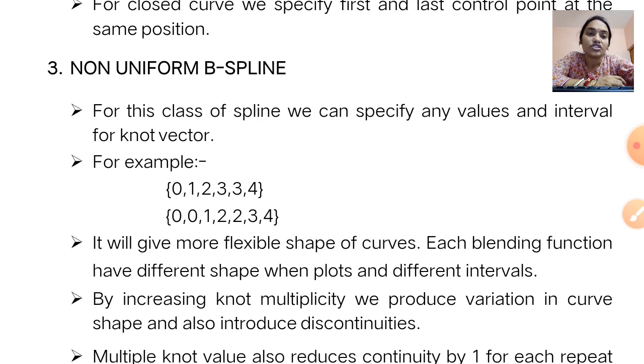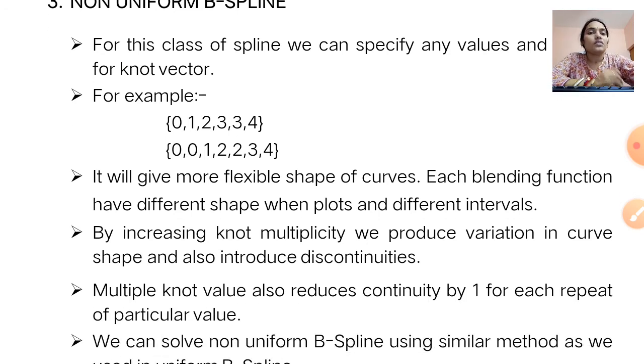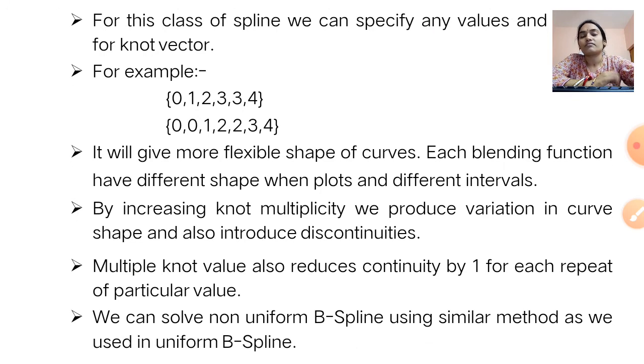That means 0, 0, 1, then 0, 1, 2, then 1, 2, 2, then 2, 2, 3, then 2, 3, 4. In this way it will continue. It gives more flexible shapes of curves and smooth curves. Each blending function has a different shape when plotted over different intervals.